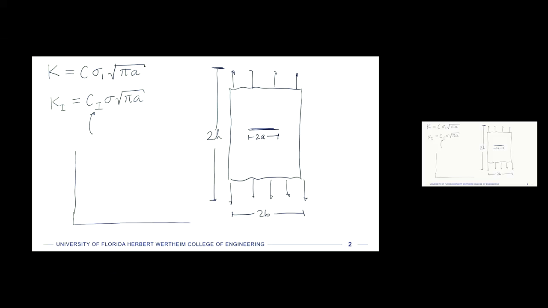When we start thinking about these factors, what we really care about is how big the crack is with respect to the rest of the specimen. So on the x-axis is going to be the ratio a over b, the ratio of the length of the crack to the width of the plate.